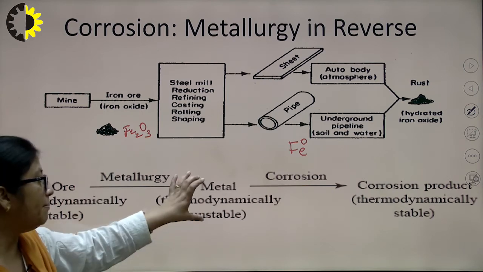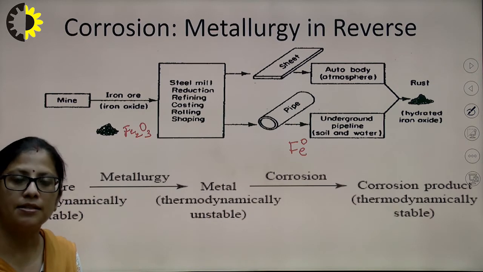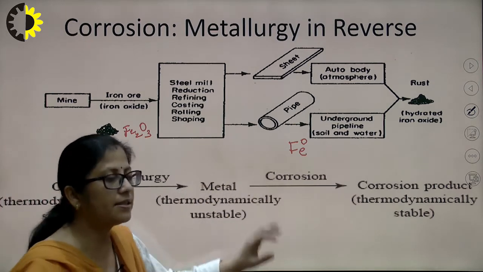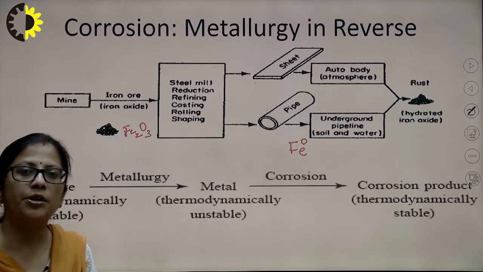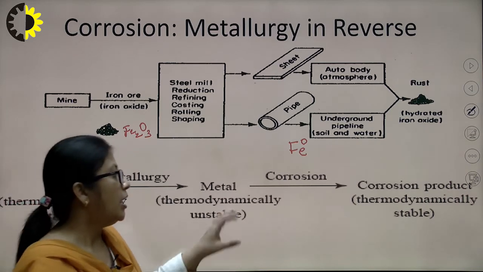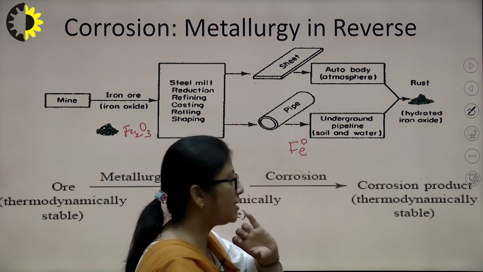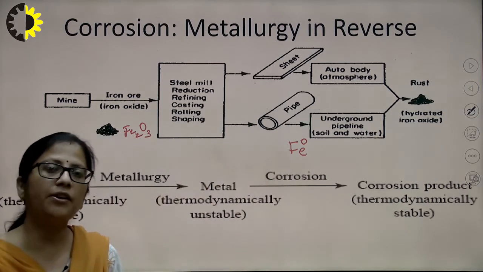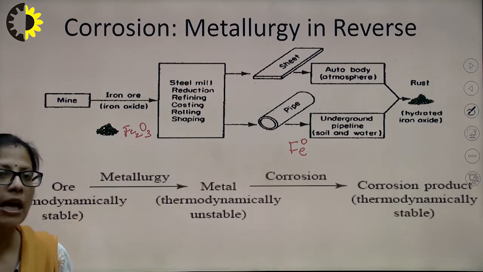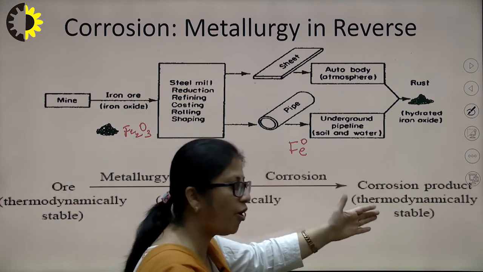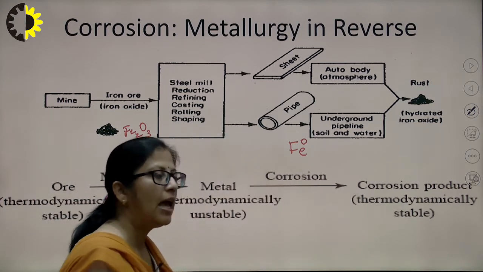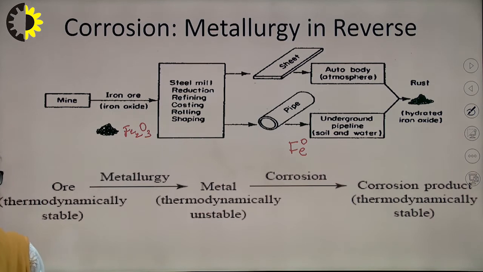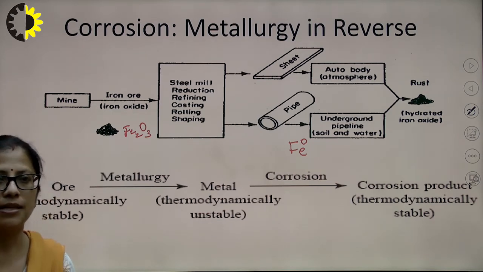So, here the metal becomes thermodynamically unstable, and to attain stability, it undergoes a reaction and forms a product, and this reaction is nothing but corrosion. We see that reaction in the form of corrosion, and the product that is being formed is the corrosion product, and this corrosion product again is thermodynamically stable.